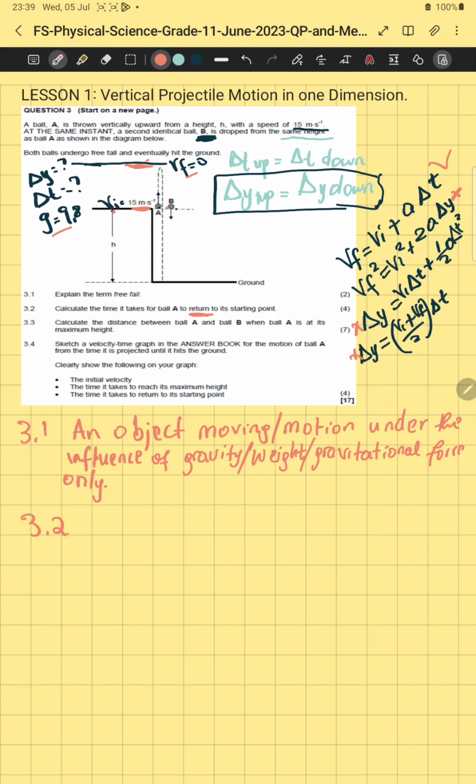Firstly we need to choose the direction. Remember, ball A is going up, so we can choose upwards as positive. Then I always advise my students to write down the data, just to collect the information that has been given.